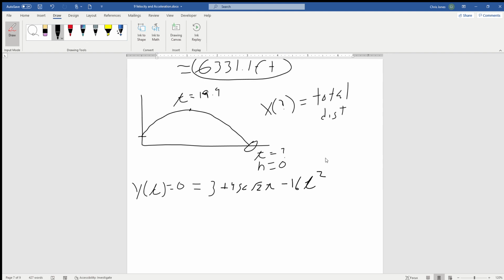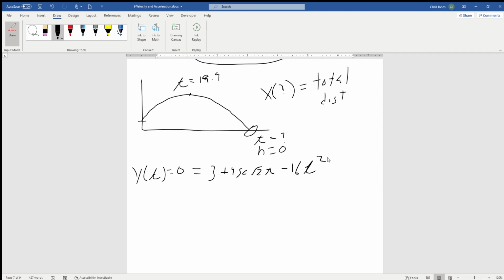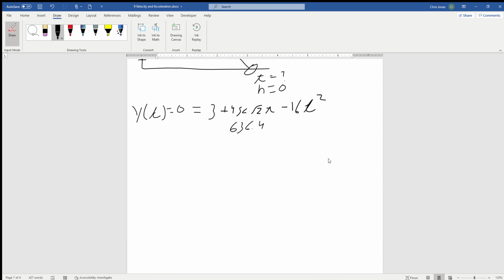And it might be helpful for us just to have that 450 root 2 as a decimal. So that's 636.4. And we're going to use our quadratic formula to approximate this.